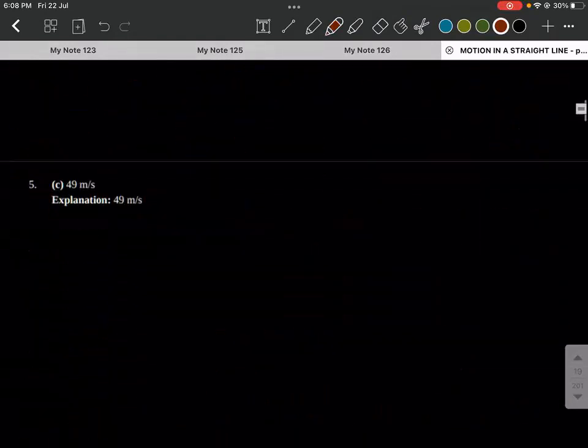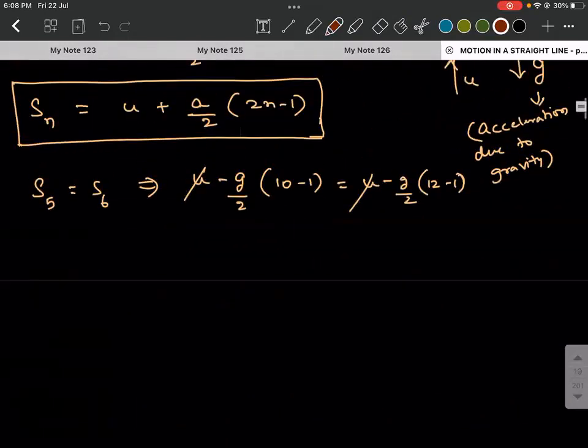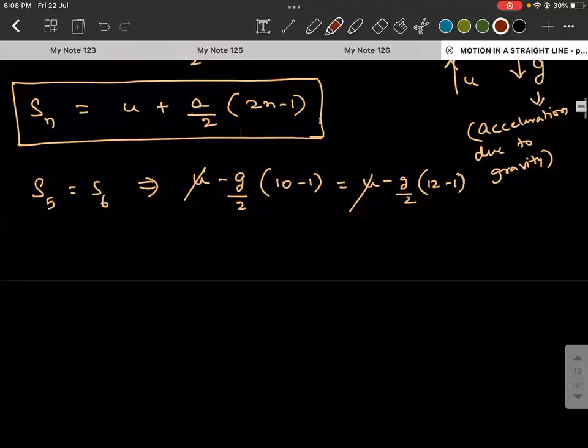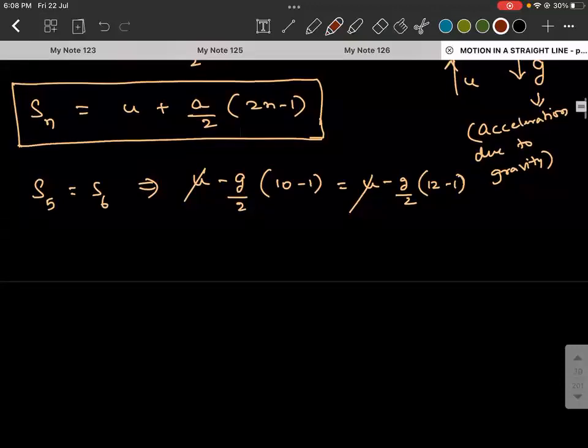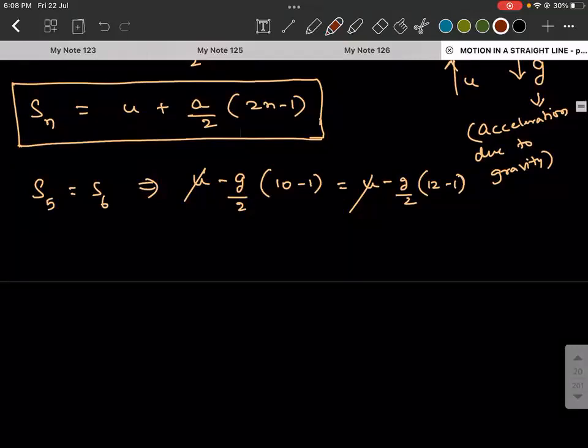So this is the formula. That also you can do, but you need to know what is the velocity at that point. If you come to rest only at maximum height. 5th and 6th second, it's still traveling now.